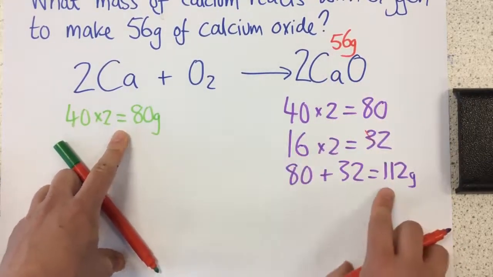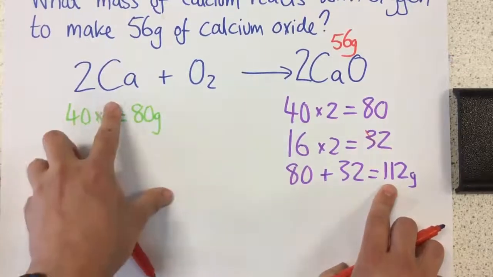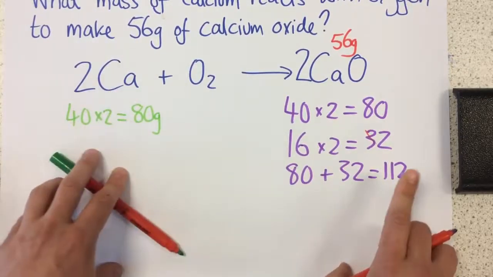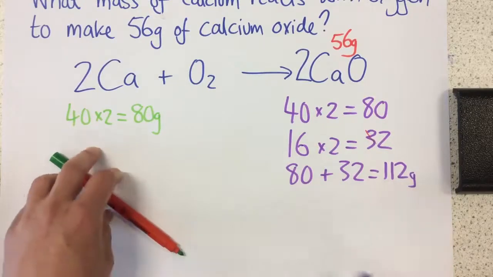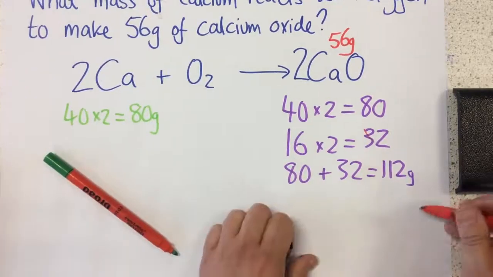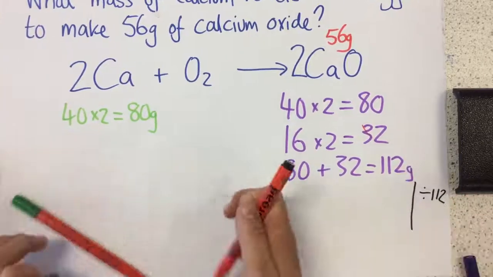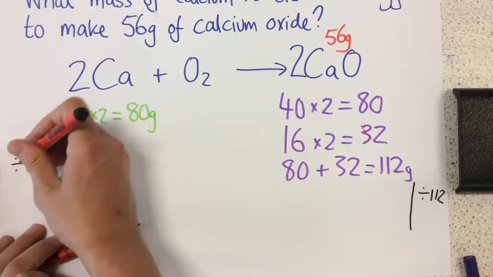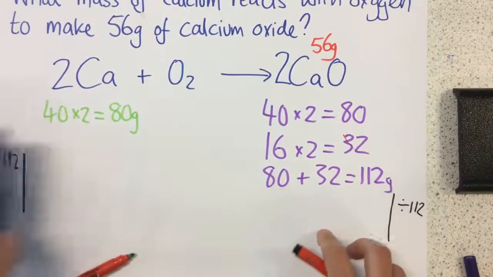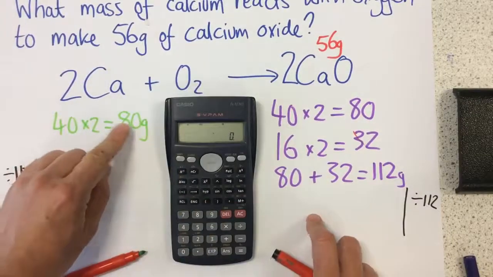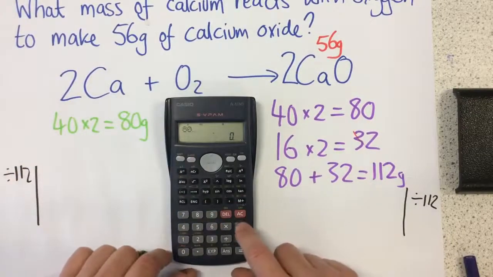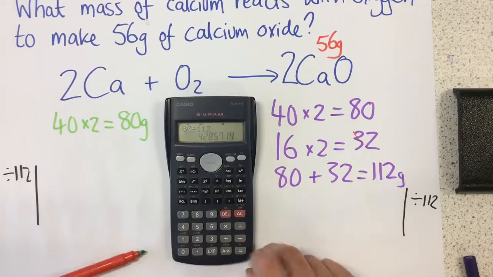So the first thing I need to do is see how much calcium I would need to make just 1 gram of this. So how do I do that? Well, I divide both by 112. So in my calculator, I'm going to do 80 divided by 112.